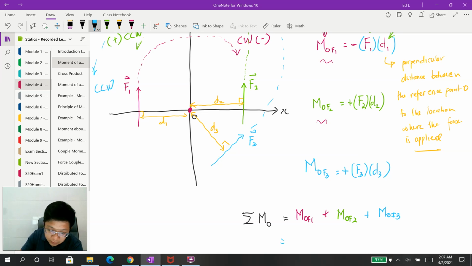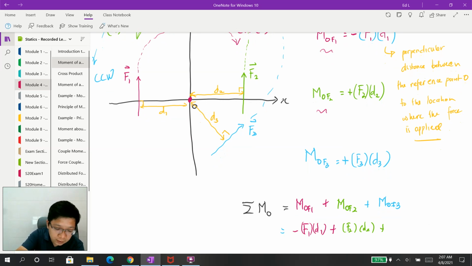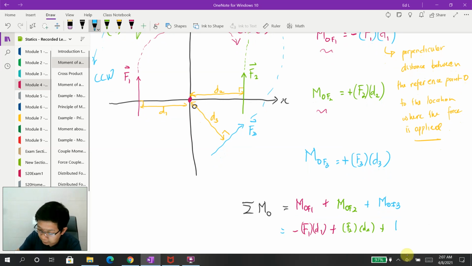But remember that we need to keep the sign conventions, meaning that minus F1 D1, plus F2 D2, and then plus the last one, F3 D3, because both the moments about O due to the forces F2 and F3 have a positive sign convention.